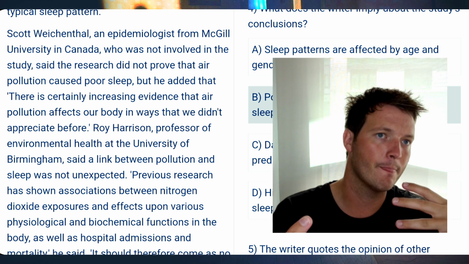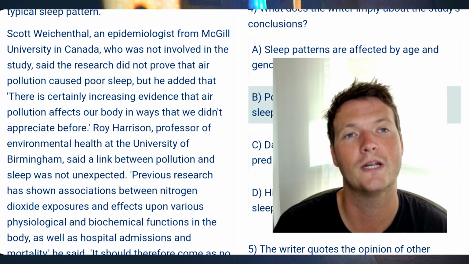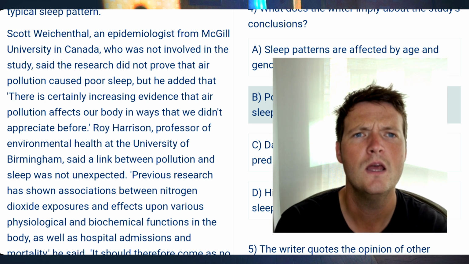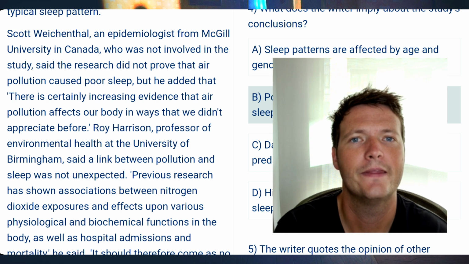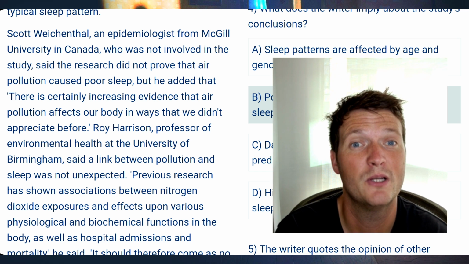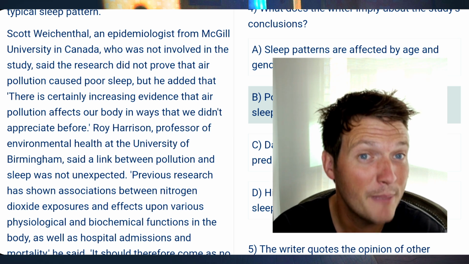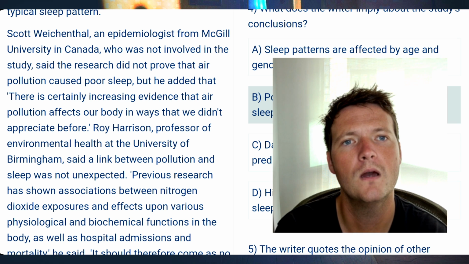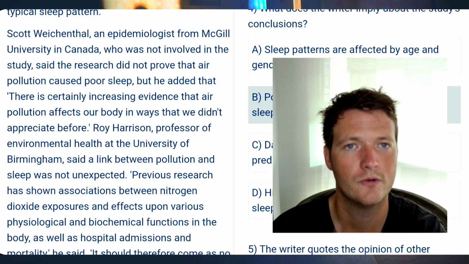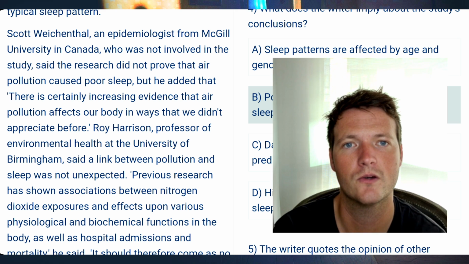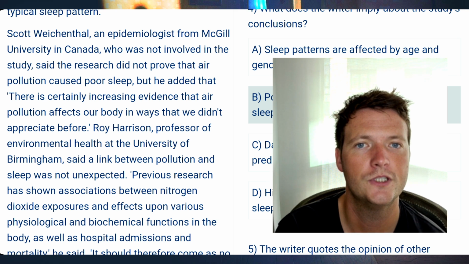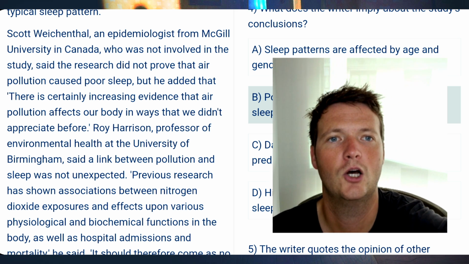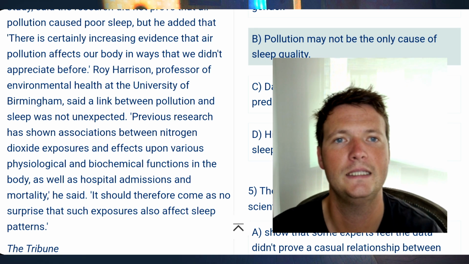There are contrasting opinions from experts. Roy Harrison, professor of environmental health at the University of Birmingham, said a link between pollution and sleep was not unexpected. Previous research has shown associations between nitrogen dioxide exposures and effects upon various psychological and biochemical functions in the body, as well as hospital admissions and mortality, he said.